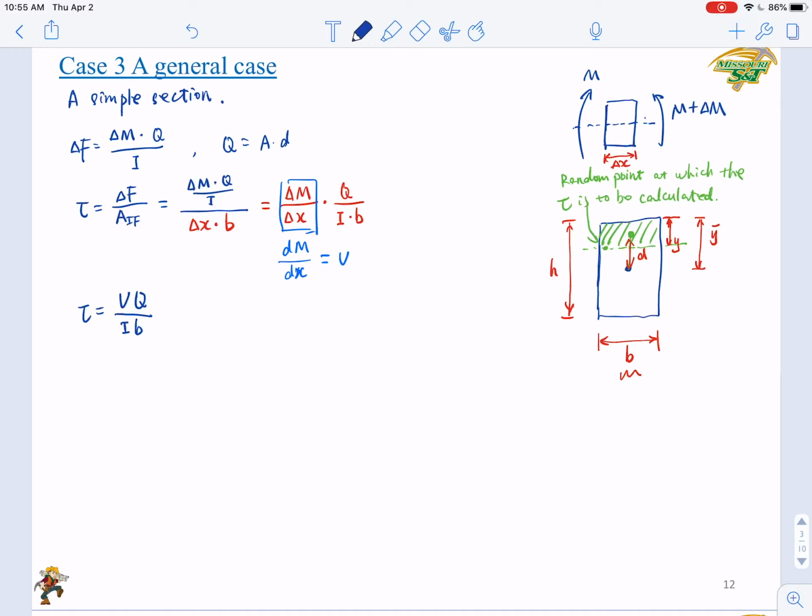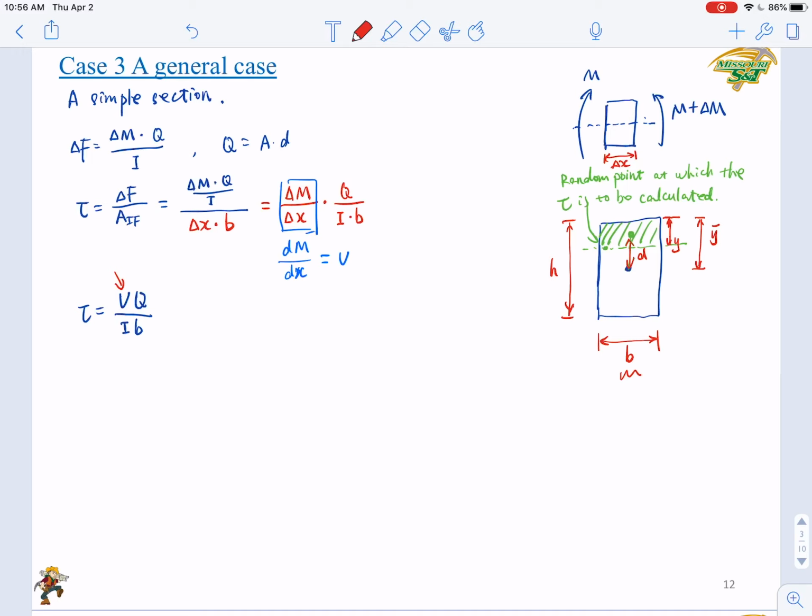So in this equation, you can examine all of these parameters. Let's see V first. And the V is the shear force. So in a loaded beam at a random cross section, the V is a constant, right? The overall V is a constant. Well, you can read it from the V diagram.